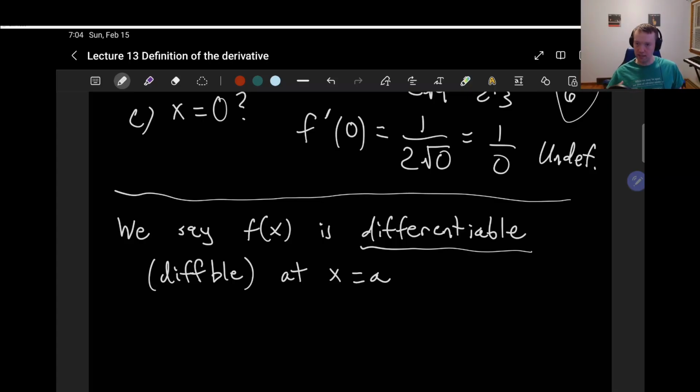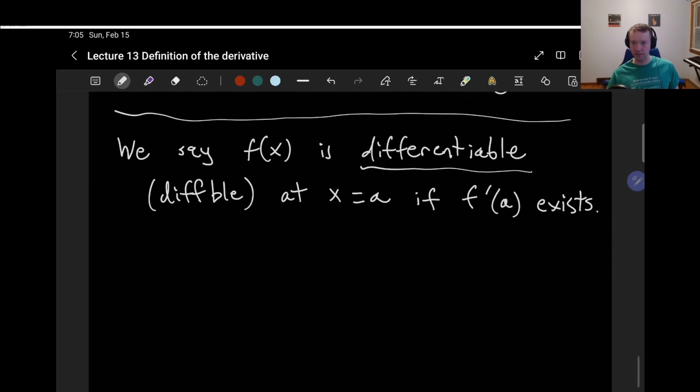So differentiable at a particular x value, a, if the derivative exists at that point. So your function is differentiable at a point if you can take the derivative there. That's what it means. And we say the function overall is differentiable if it's differentiable at every individual point.